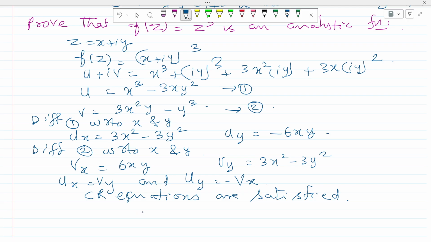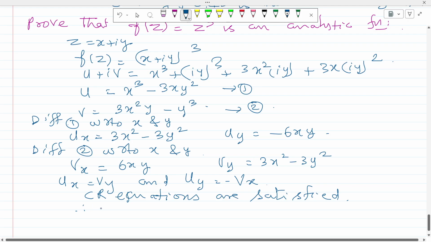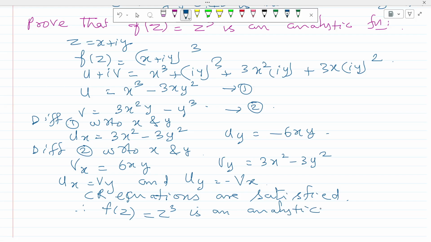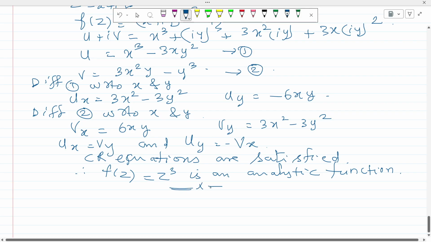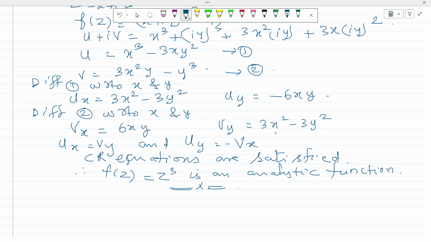Therefore, f of z equal to z cube is analytic. Okay, fine.